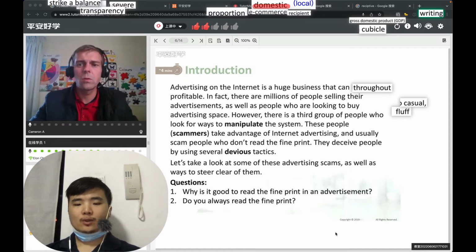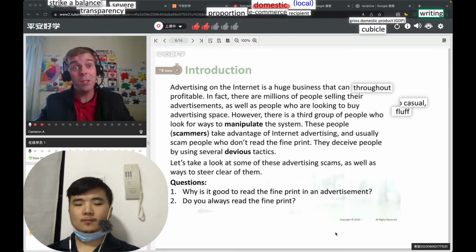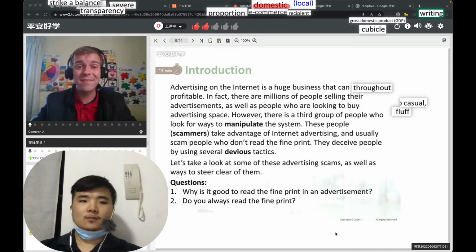If we read the details of the fine print, I think we can realize if an advertisement is a scam or is true. Oh, yes, exactly. The more information you can get, the better. Definitely.